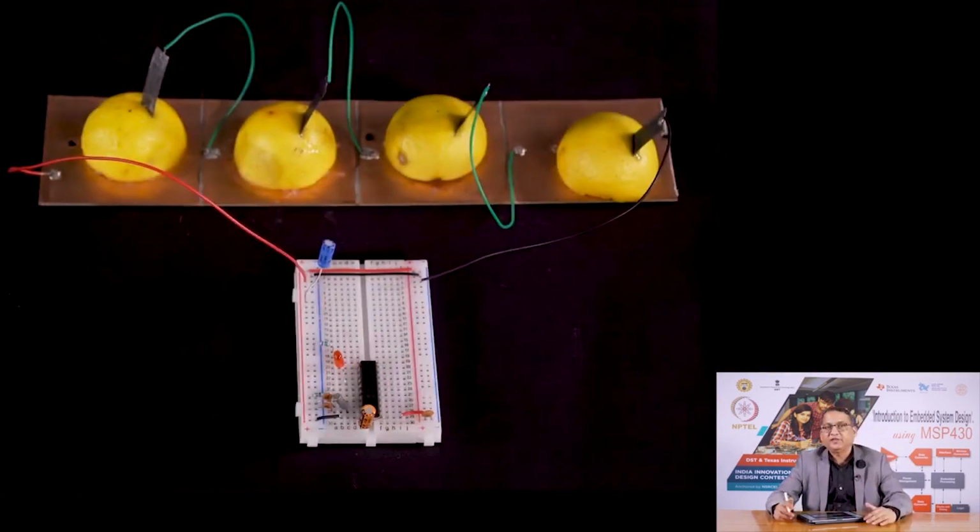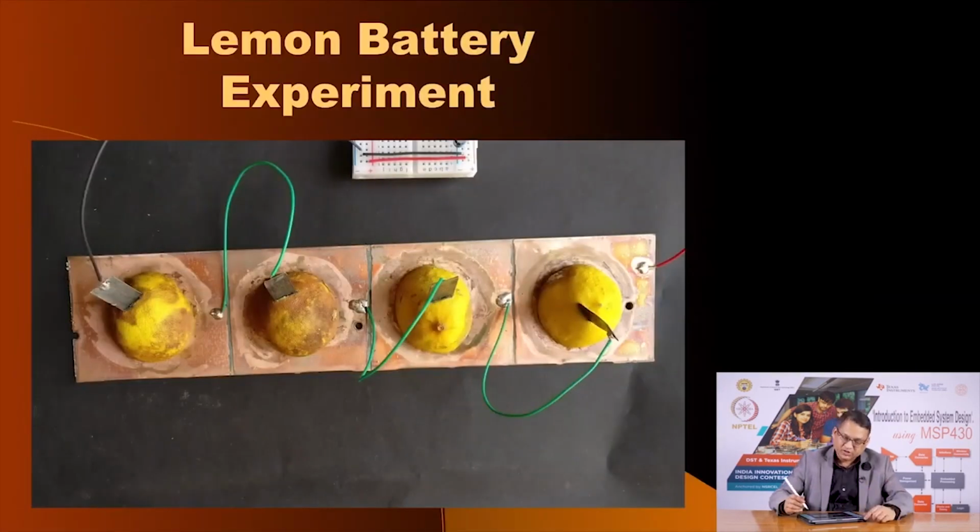The third part of this lecture is about revisiting the lemon battery that we created in the past. As you remember, I showed you this demonstration that we created a battery out of lemon and 2 dissimilar metals as electrodes. One was the copper here, and what is inserted in the lemon is a different metal actually extracted out of an alkaline battery.